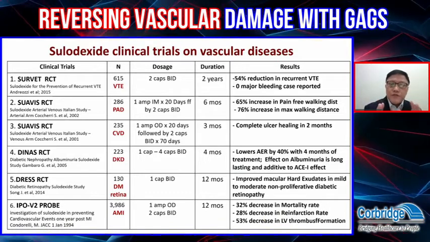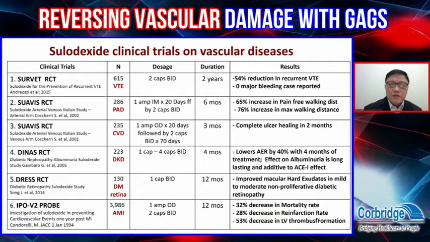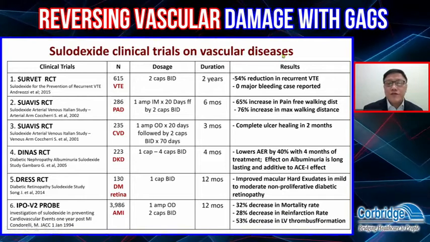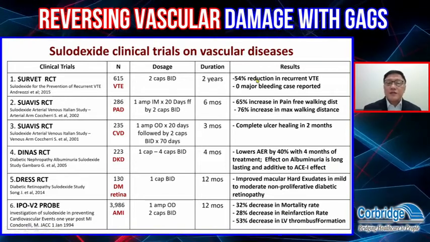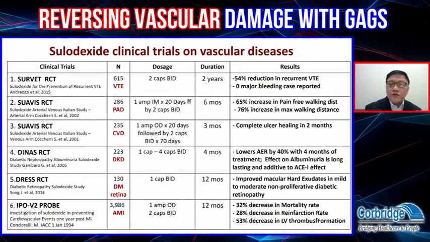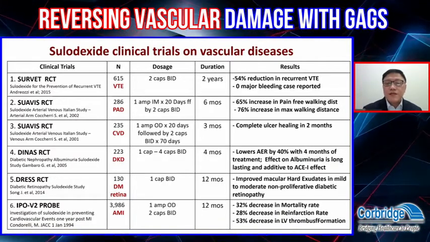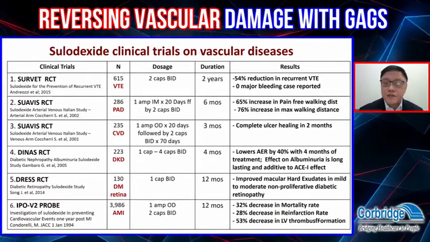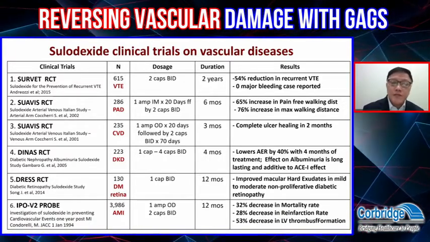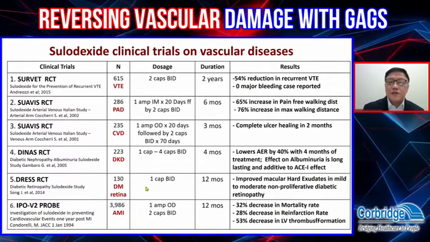Now, if you look closely into the population where sulodexide was shown to be beneficial, these are all vascular diseases. And it's not only confined to the arterial, but also beneficial in the venous side, and not only venous arterial, but also capillary, as exemplified in the kidneys and the retina.